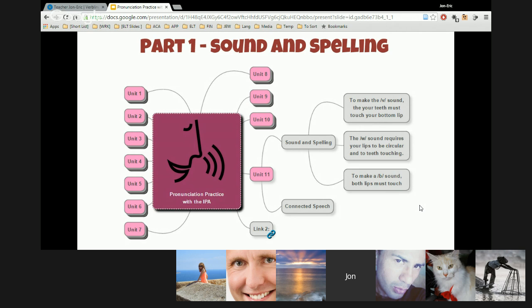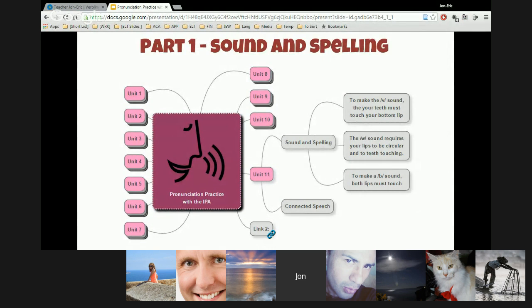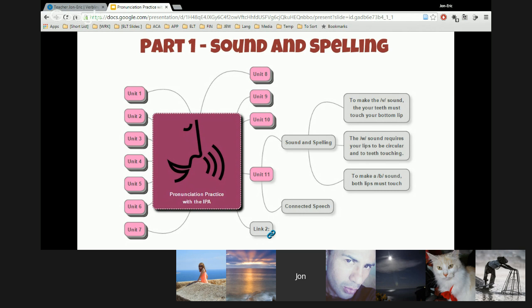The W and the V, and the B and the V. So in the north of Portugal, or in parts of Spain, B and V sound exactly the same. In Germany, maybe Russia as well, the V and the W are not really distinguished. In Germany, it's more of a V, and in Russia, it's more of a W sound.